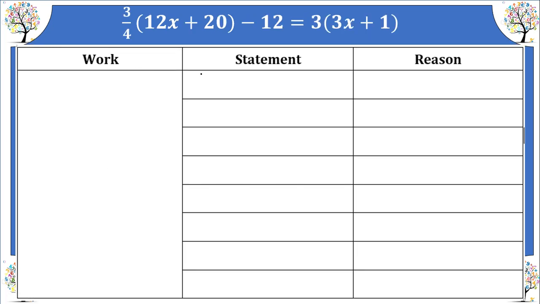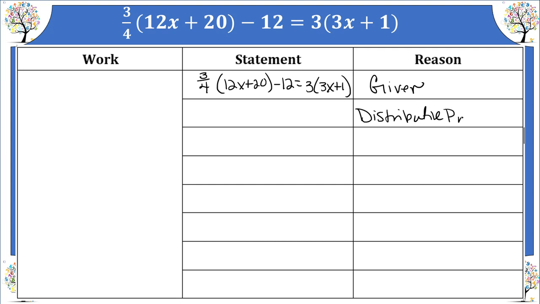Okay, example number 3. Let's write our given. So we see we have parentheses on the left and the right, so we are going to use the distributive property. On the right side, we're going to have 9x plus 3.